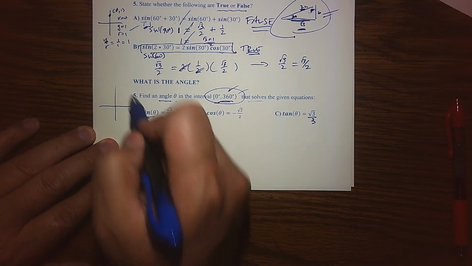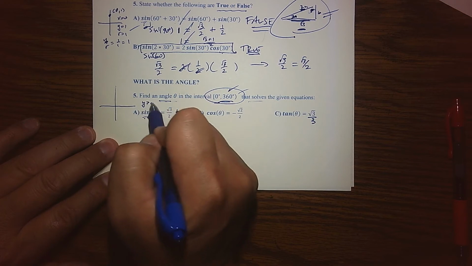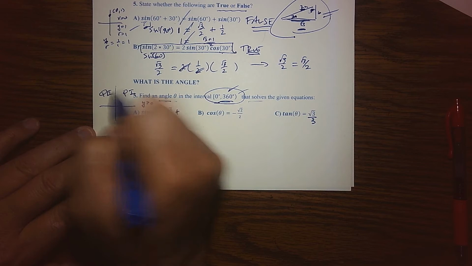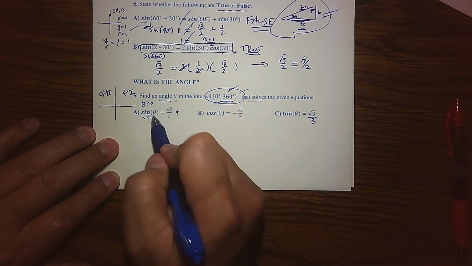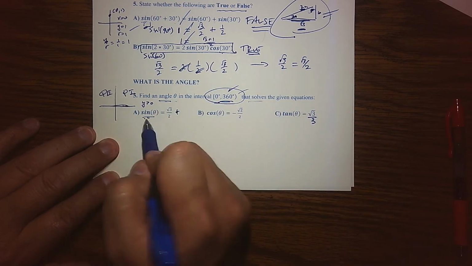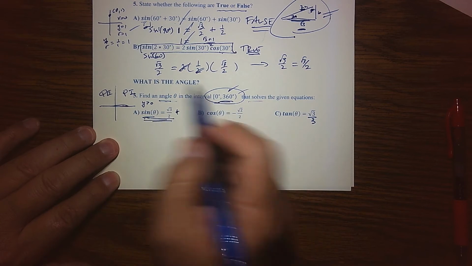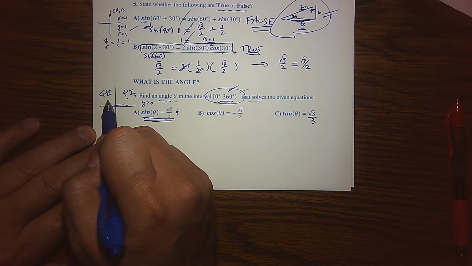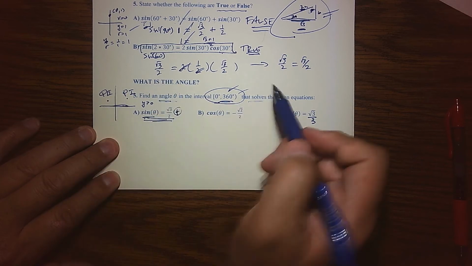Well, it's basically positive wherever y is positive. And of course that happens in quad 1 and quad 2. So the solutions to this equation are going to be a quad 1 answer and a quad 2 answer. So that is what I can do with the positiveness or negativeness of this.